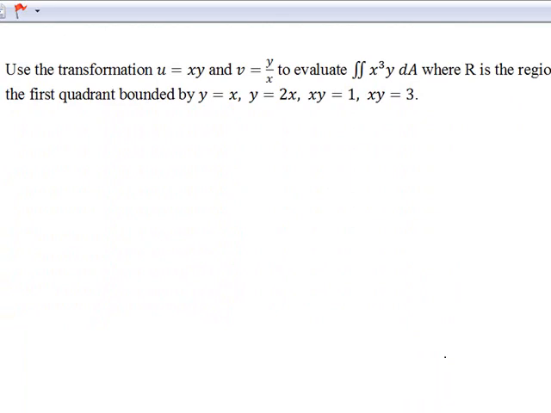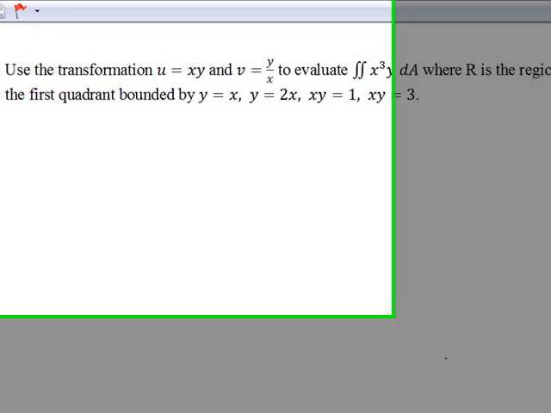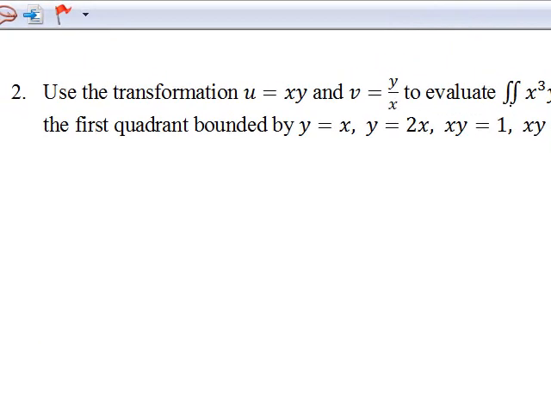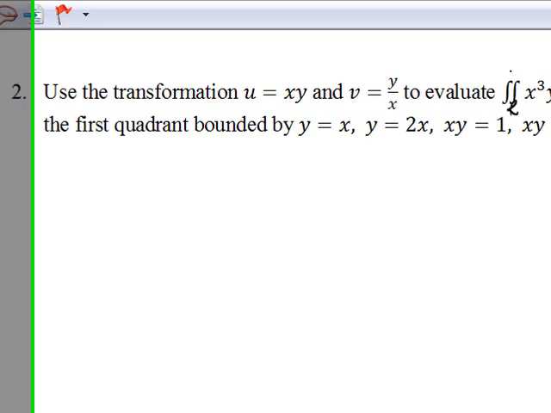Use the transformation u equals xy and v equals y over x. So here I've given you the transformation, to evaluate the double integral over r of x cubed y dA, where r is the region in the first quadrant bounded by y equals x, y equals 2x, xy equals 1, xy equals 3.